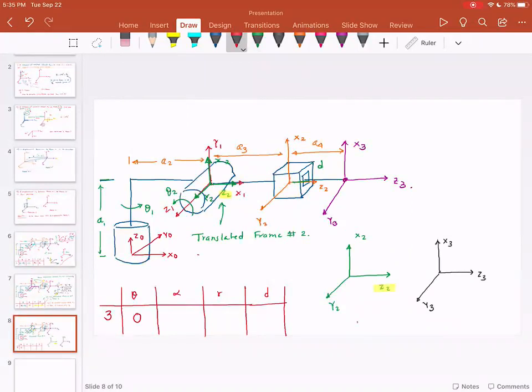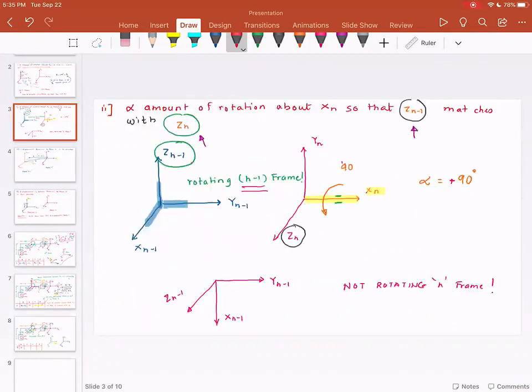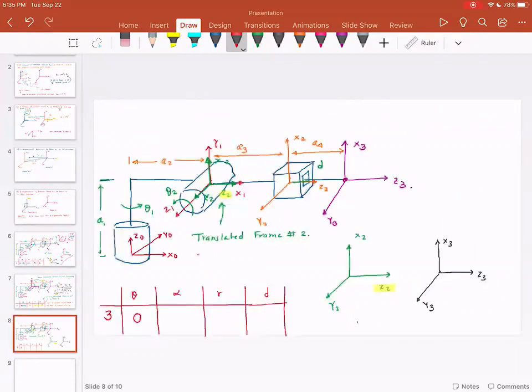So we can move on to alpha. To find alpha, we have to use the second rule. You have to look at the rotation about xn, which is x3, and rotate zn minus 1, which is z2, so that z2 gets aligned with z3. So now I'm looking at the rotation about x3.